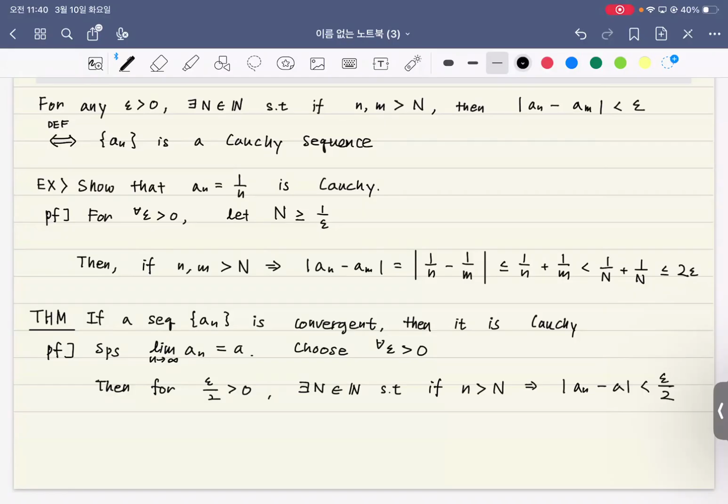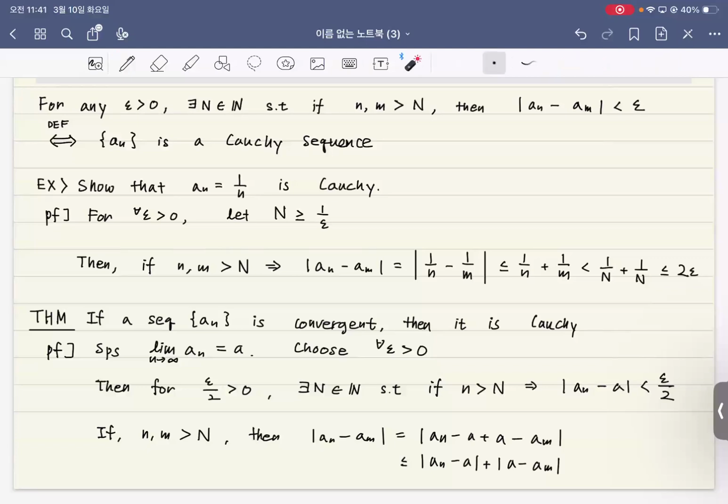Okay, so if two integers n and m are greater than this number, then a_n minus a_m, well, I am always free to add and subtract the same number, and by using the triangle inequality, this is less than or equal to |a_n minus A| plus |A minus a_m|.